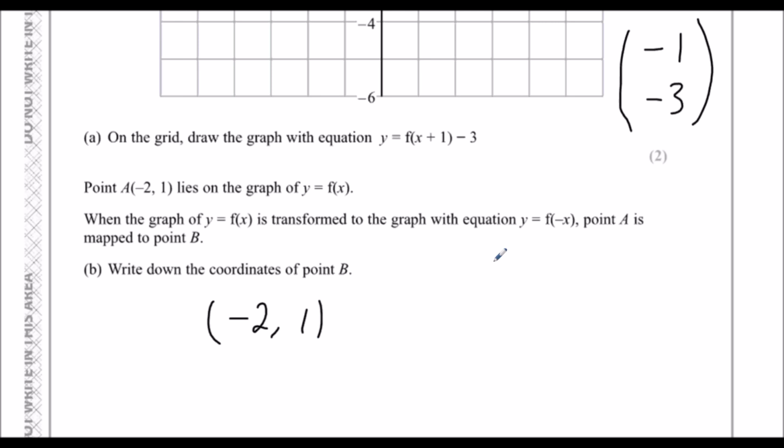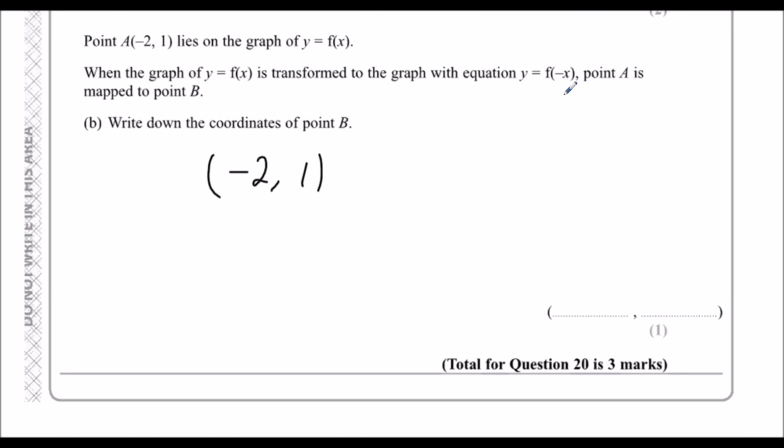We've got a minus inside the bracket. So all of the x coordinates, all the positives become negatives. All the negatives become positives inside the bracket. So we're only changing the x. So it becomes 2, 1.